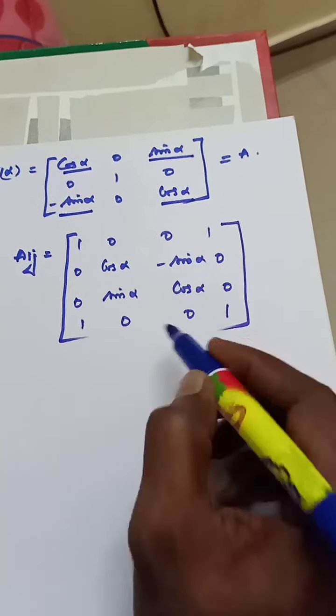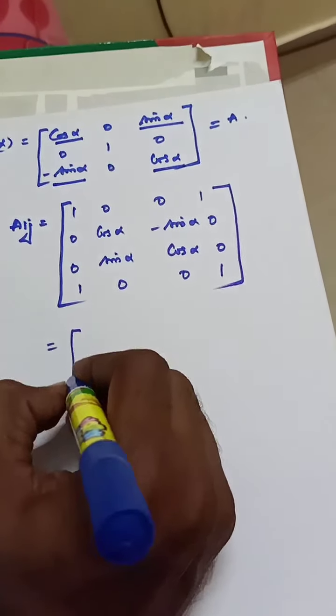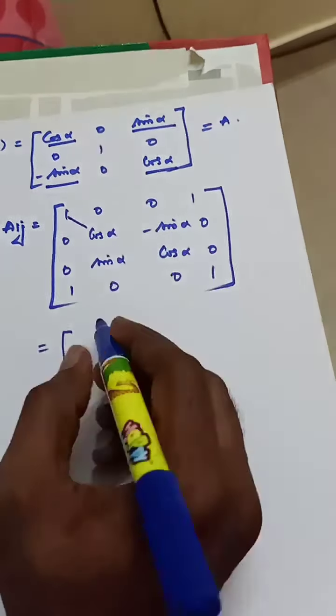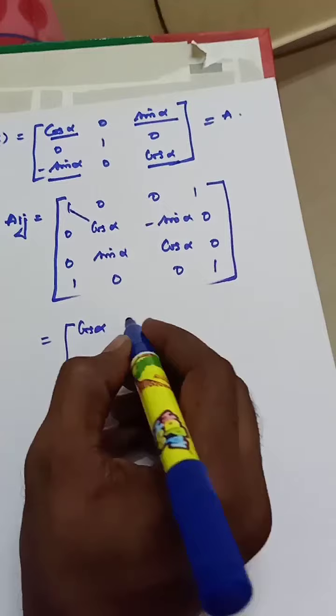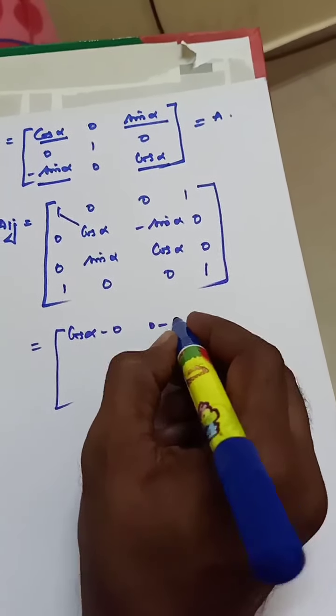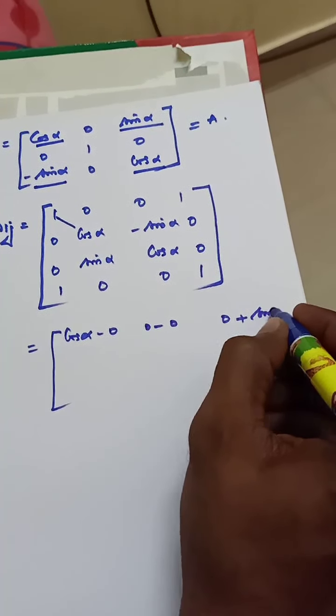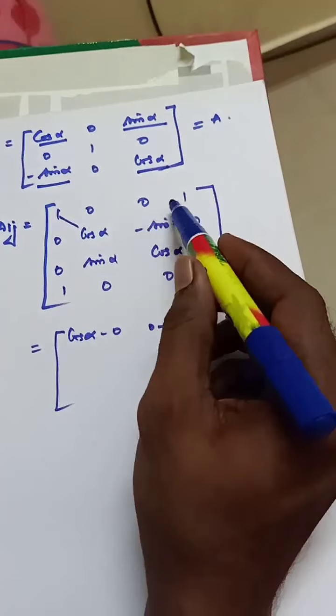So we are taking the minors, and the underlined minus sign only we are taking. The product is again cos alpha minus 0, and this becomes 0 minus 0. The third number becomes 0 plus sin alpha. It's nothing but determinant expansion.